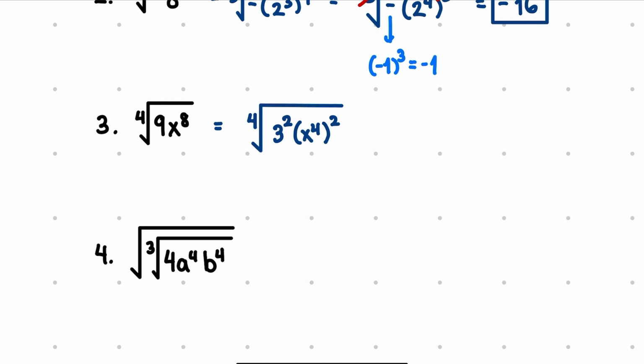Okay, and then again, since we can view this as fractions, if we view the fourth root as just 1/4, then if we cancel out these two, this must be 2.